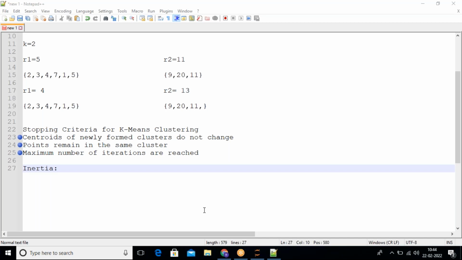Now you might be asking, sir, what is inertia? And what does inertia evaluate? It basically tells how far the points are within a cluster. This is basically called inertia.